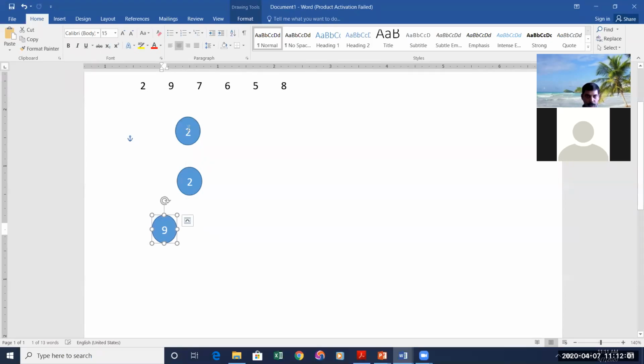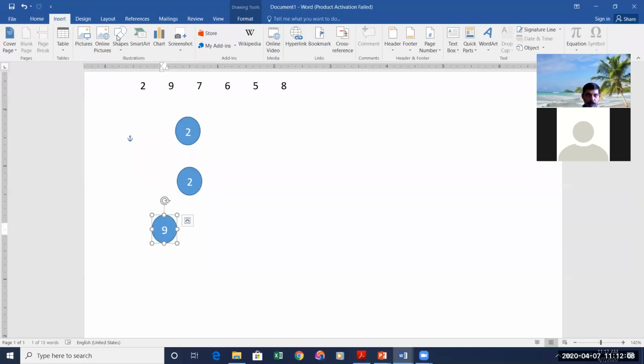In the first step only 2 was present, so in the next step, 9 becomes the left child of 2.